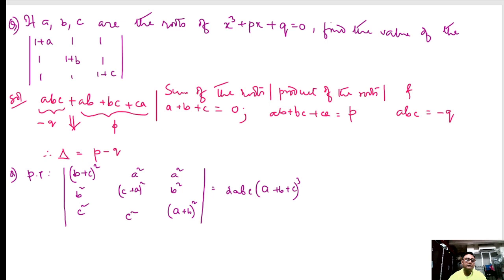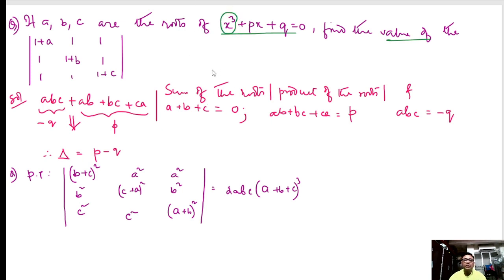Next, see friends. If A, B, C are the roots of the equation, now this is another type of sum in which these are the roots of the equation. Find the value of this. First of all, please watch one thing. This is a cubic equation.